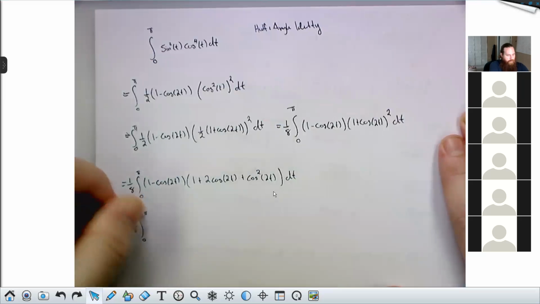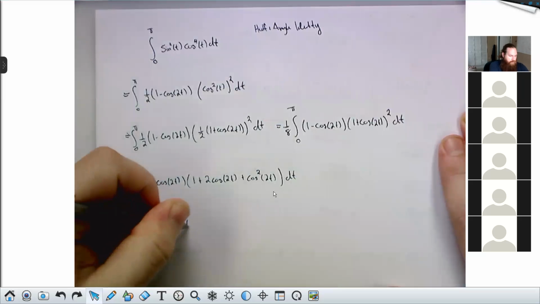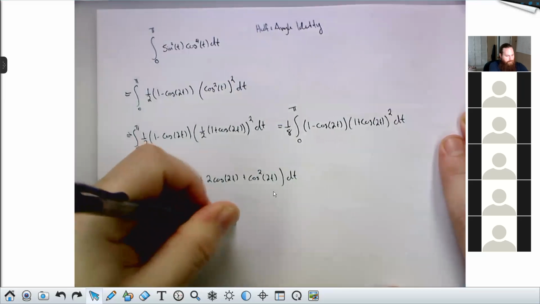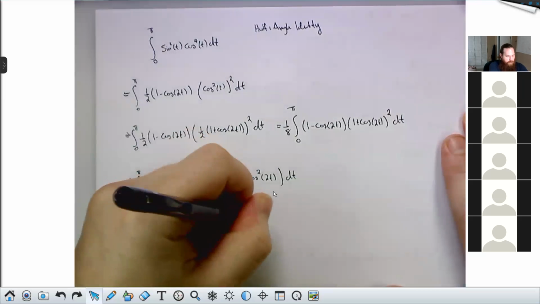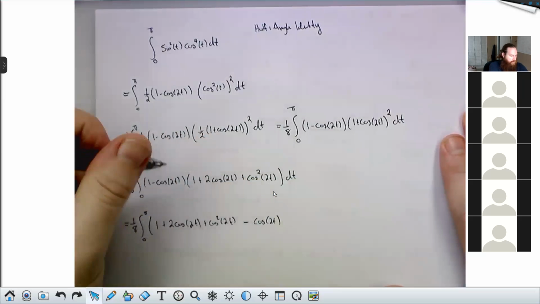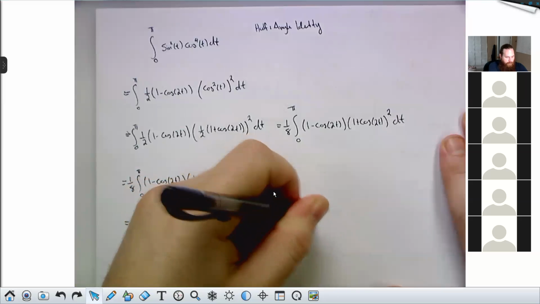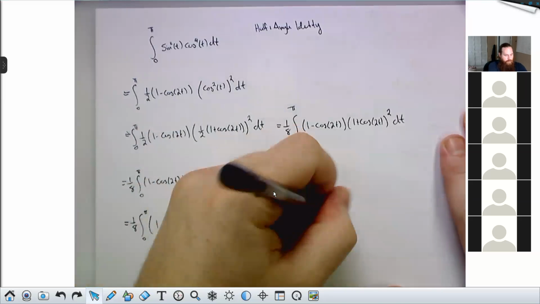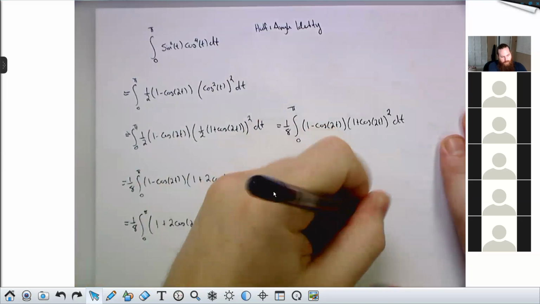So when I distribute now, I'll have 1 plus 2 cos 2t plus cos squared 2t minus, now cos 2t times 1 is cos 2t, minus cos 2t times 2 cos 2t is minus 2 cos squared 2t, and minus cos 2t times cos squared 2t is minus cos cubed 2t.